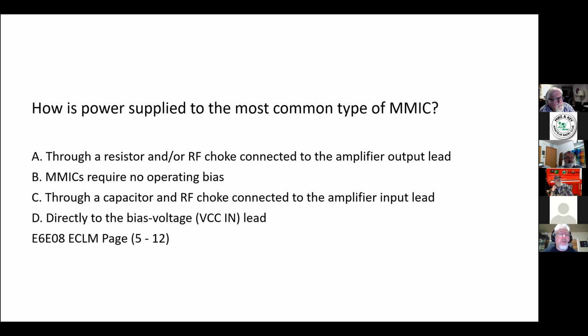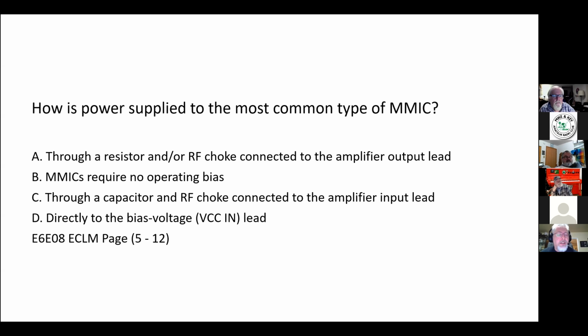How is power supplied to the most common type of MMIC? A. Through a resistor and or RF choke connected to the amplifier output lead. B. MMICs require no operating bias. Or C. Through a capacitor and RF choke connected to the amplifier input lead.